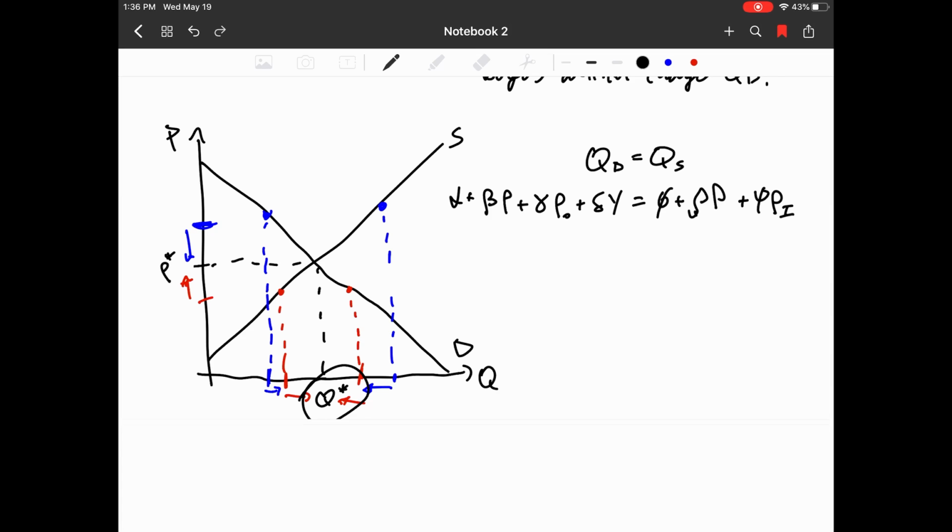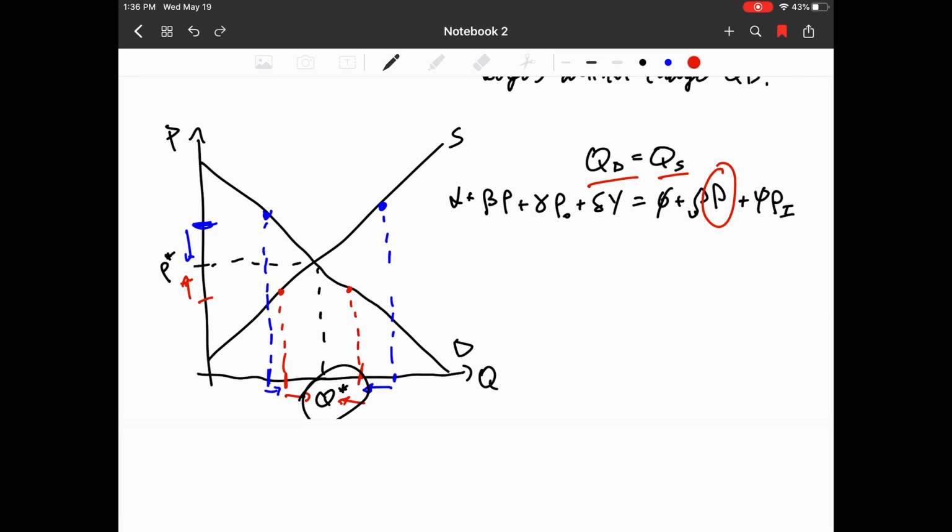Then we can walk through and isolate price. We've eliminated QD and QS from our supply and demand relationships, so the only endogenous variable we have left is price.